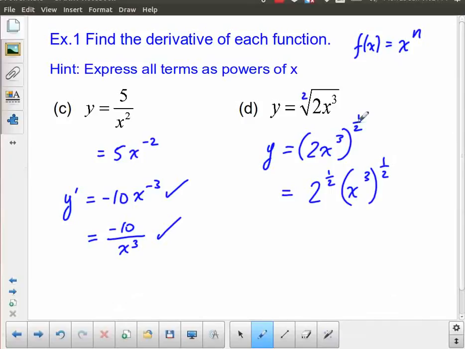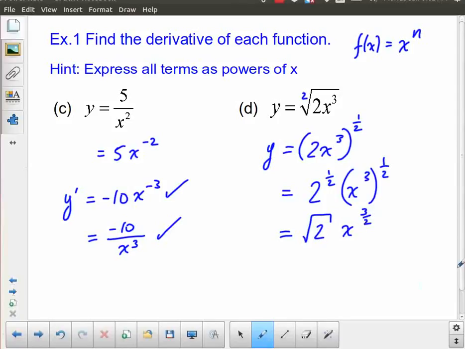So what I've done is I've applied this square root to each of those terms individually. This 2 to the power 1/2 just stays out in front, so I can actually rewrite that back as square root of 2 now. And I could have started that way as well. And then x cubed to the 1/2 is the same as x to the 3/2.